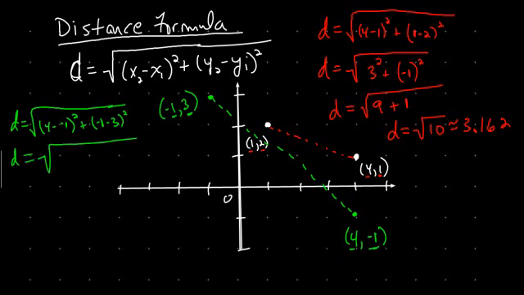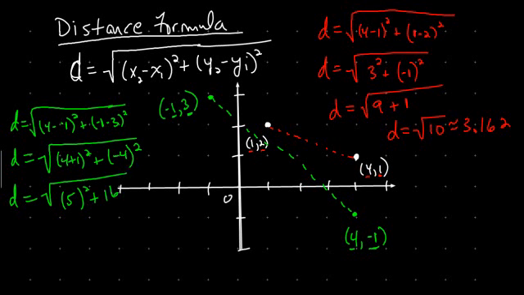So minus a negative is a plus, so that's 4 plus 1, plus a negative 1 minus 3 is a negative 4 squared. So d equals the square root of 4 plus 1 is 5 squared plus negative 4 squared, which is a positive 16.